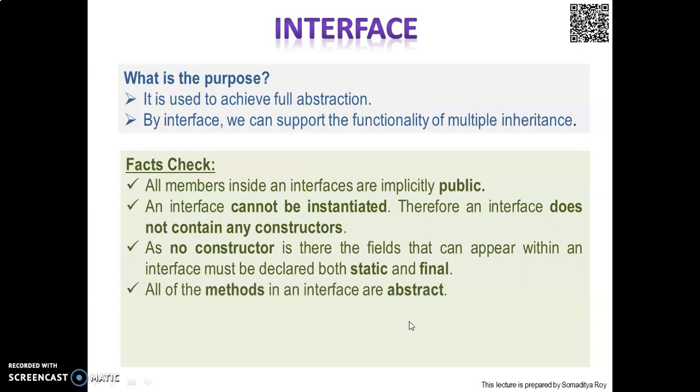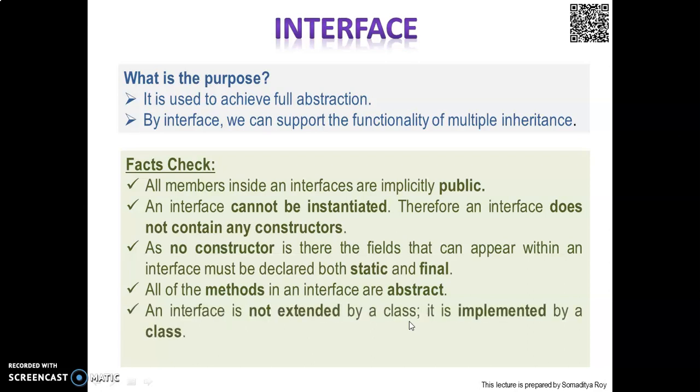There is no concreteness in an interface, therefore you cannot expect a concrete method within the interface. So all the methods within the interface are abstract. An interface can be implemented by a class, but an interface can extend multiple other interfaces.